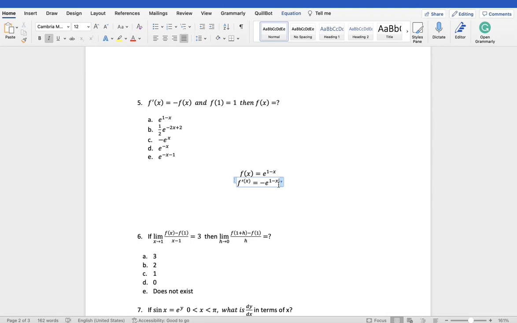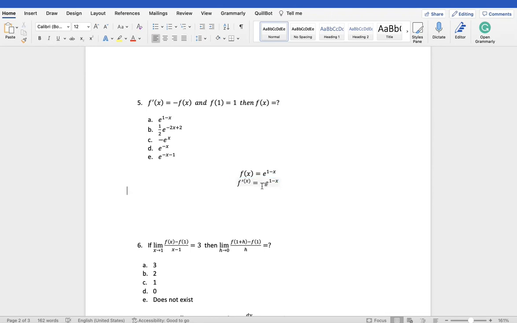So immediately you can see that this function respects the fact that f prime of x is equal to minus f of x, which is the first assertion that they tell you f of x should satisfy.